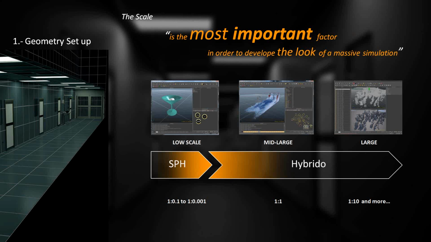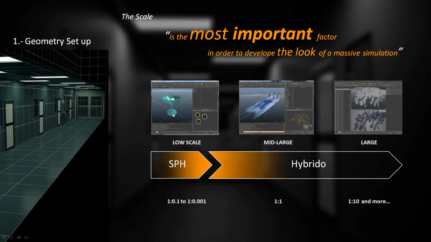You will get endless simulations if you crank up the substeps too much, or if the substeps are not high enough, you will realize that RealFlow might be unstable and even crash. So this is why, when dealing with this sort of scenes, we rarely work with one-to-one scale.